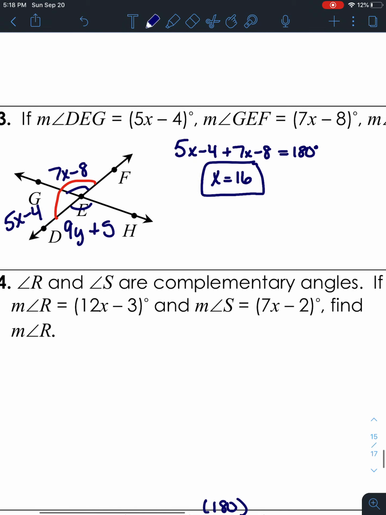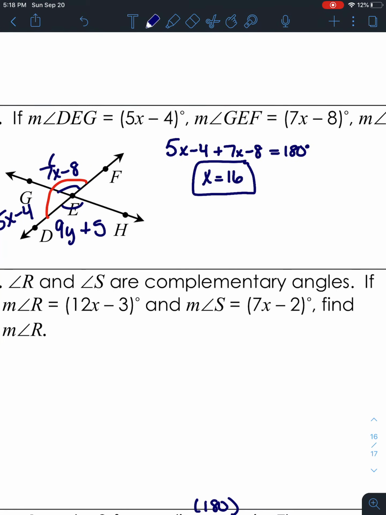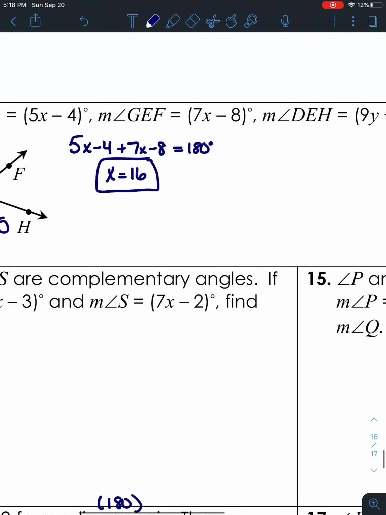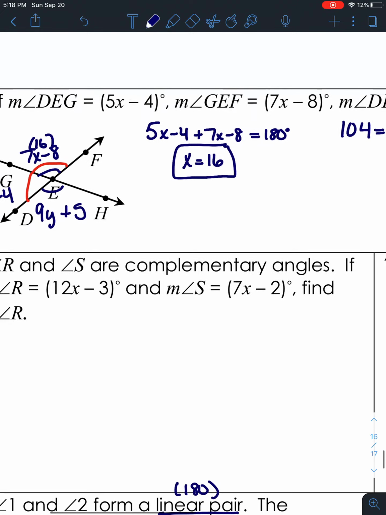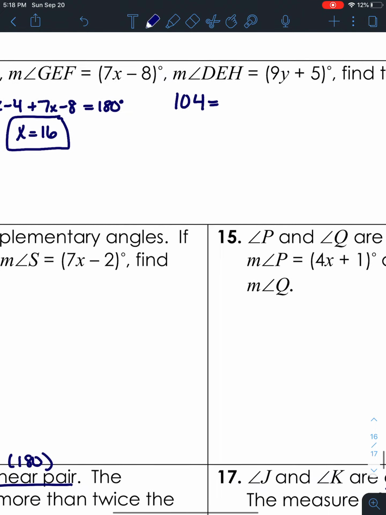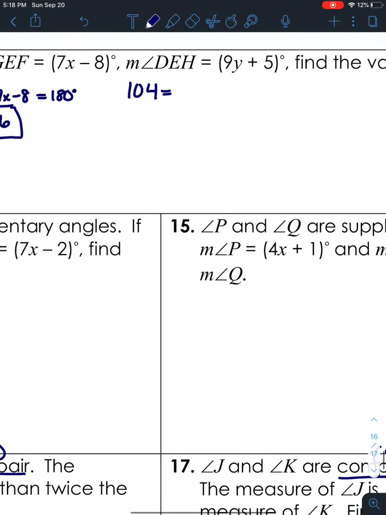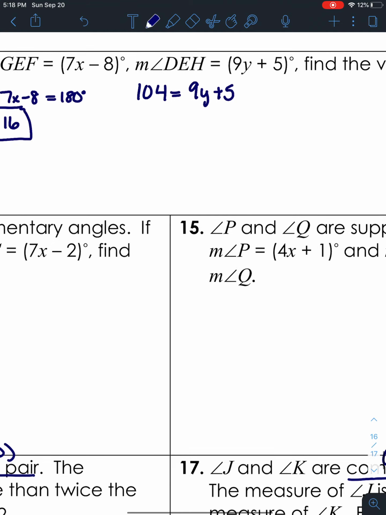Now that we know x is 16, I can plug in 16 here for x. When I plug in 16 there for x, I'm going to get 104 equals that bottom angle, 9y plus 5. Let's explain that one more time.